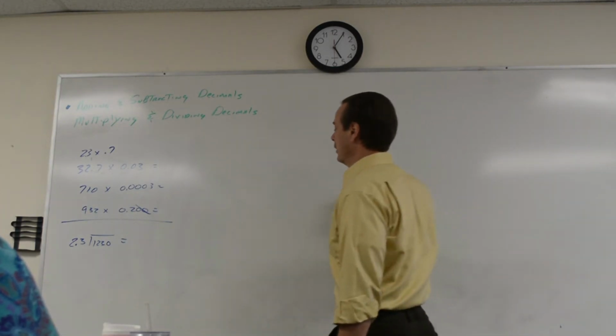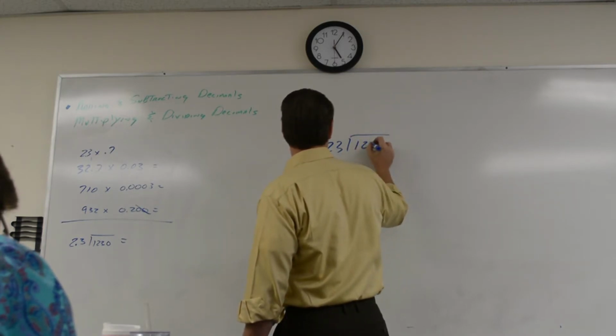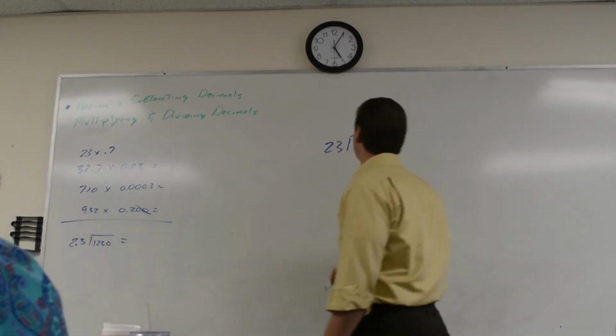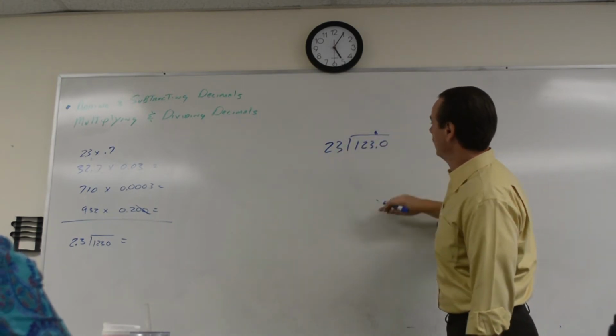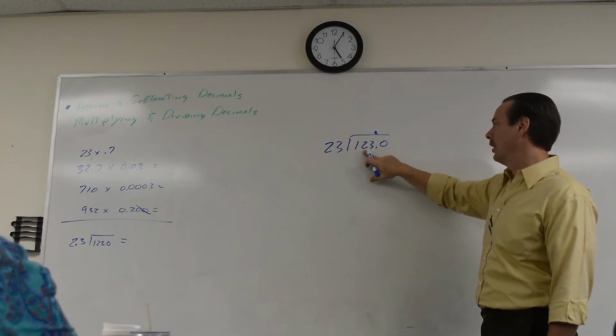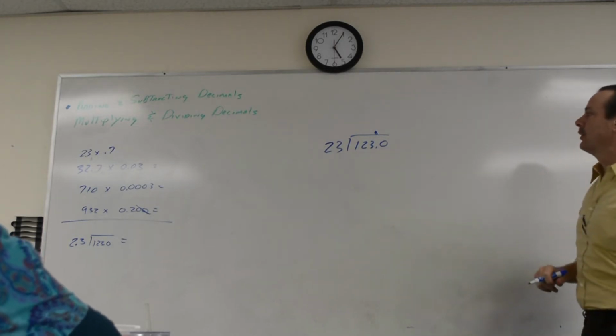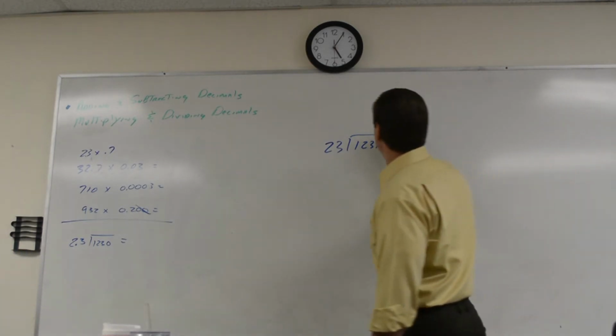Let's do this twice. Let's go 23 goes into 123.0. In this case, there's no decimal here, just project this up. 23 doesn't go into 12, does it? I mean, 1 doesn't go into 12. How many times is it going to go into 123? 5 times?